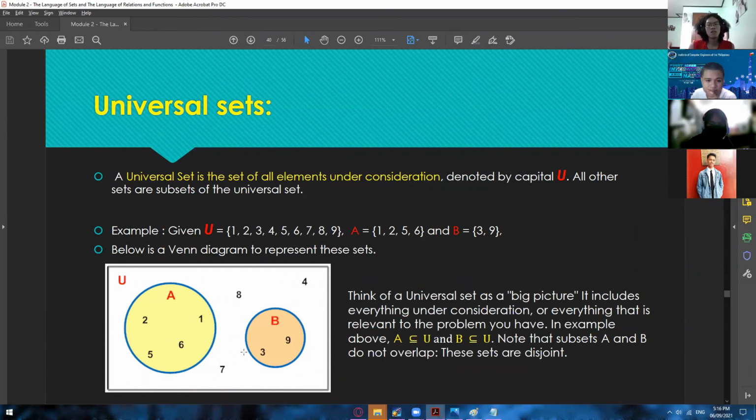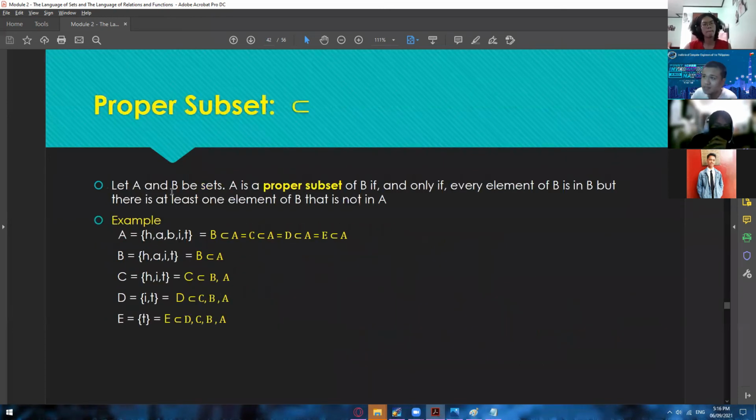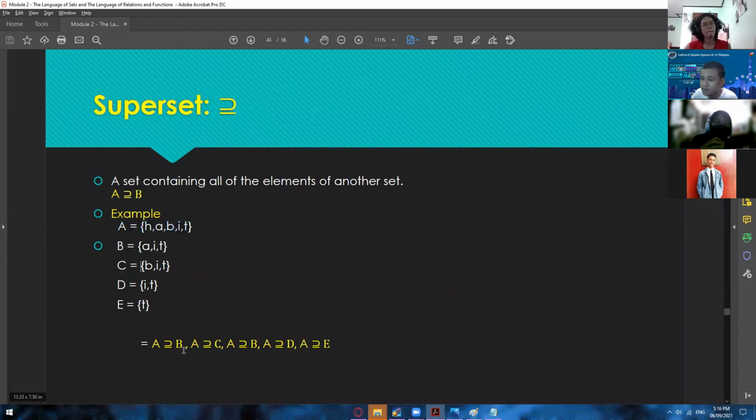Yes, so in universal set, that one is correct. 7, 8, and 4 are not subsets. Unlike in superset, the letters B, C, D, and then E right here are the subsets already. So you can actually just flip this one, and this one now is like a subset.